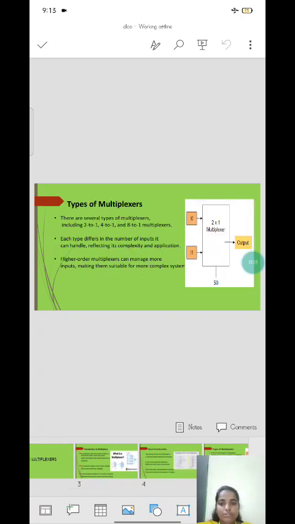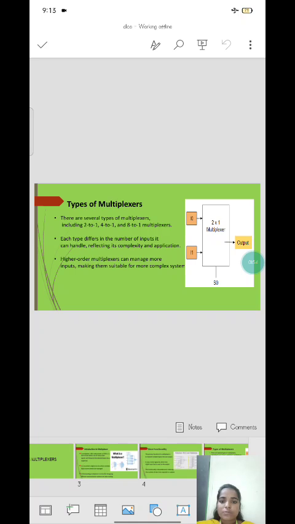Types of multiplexers. There are several types of multiplexers including 2:1, 4:1 and 8:1. Each type differs in the number of inputs it can handle, reflecting its complexity and applications. That means a 2:1 multiplexer has 2 inputs, 1 output and 1 select line only.